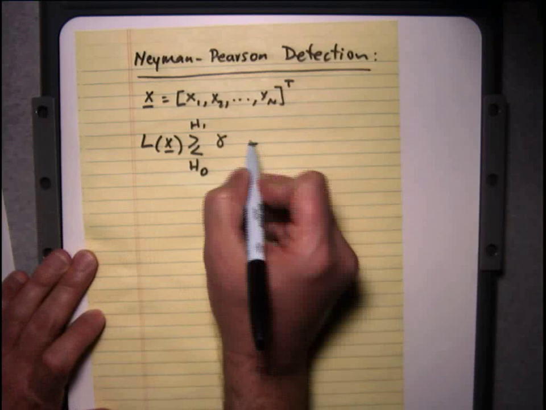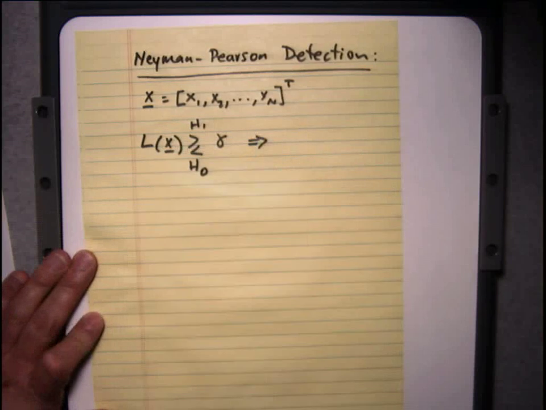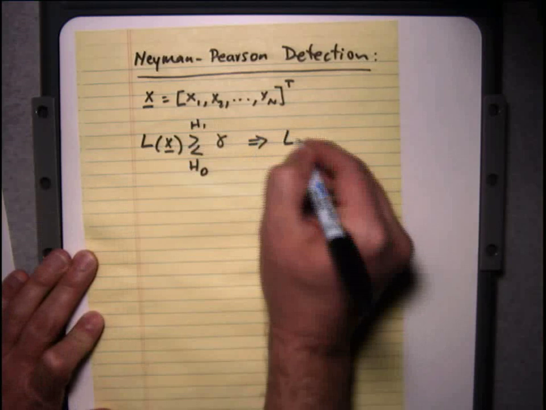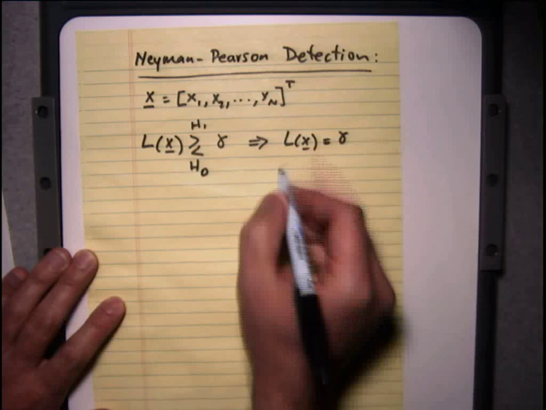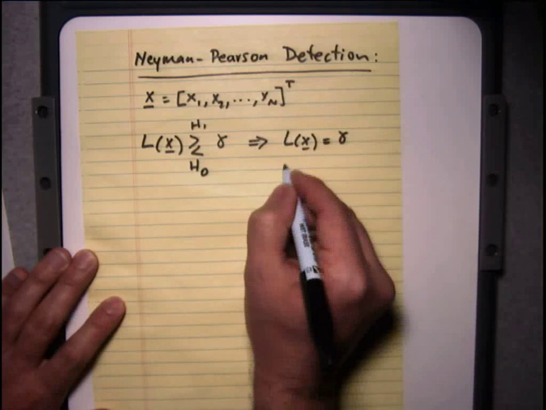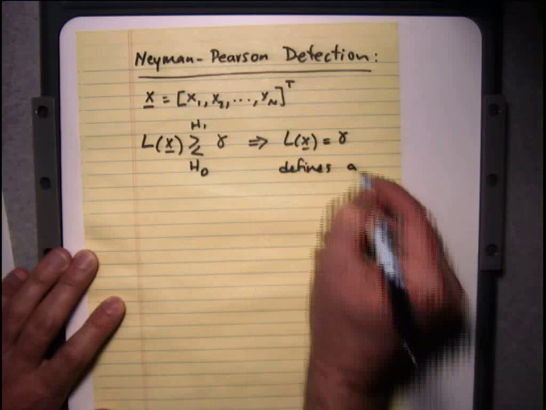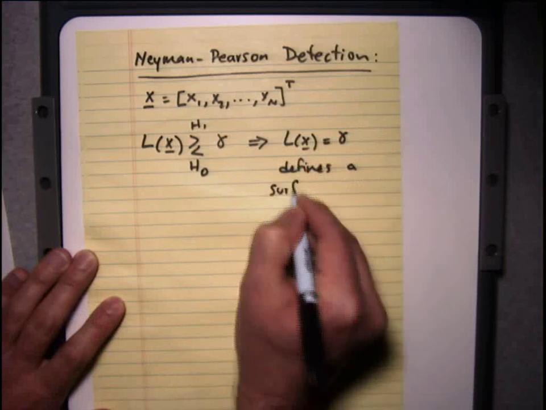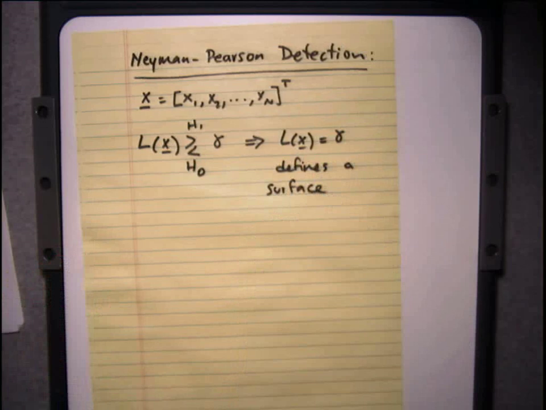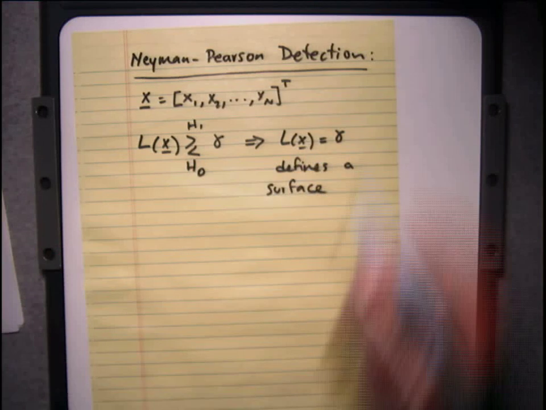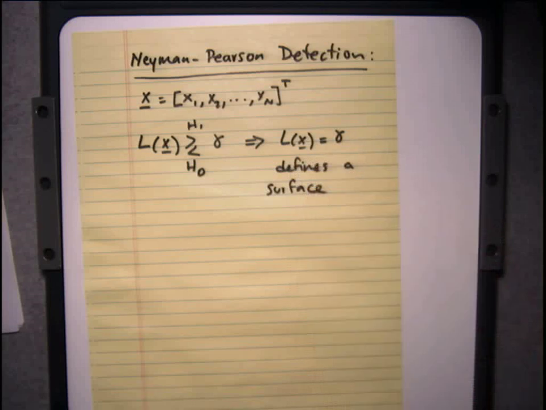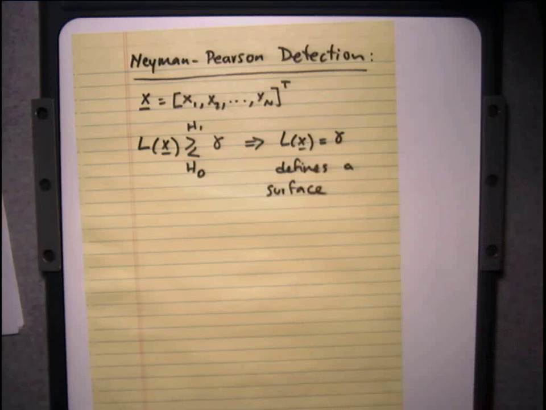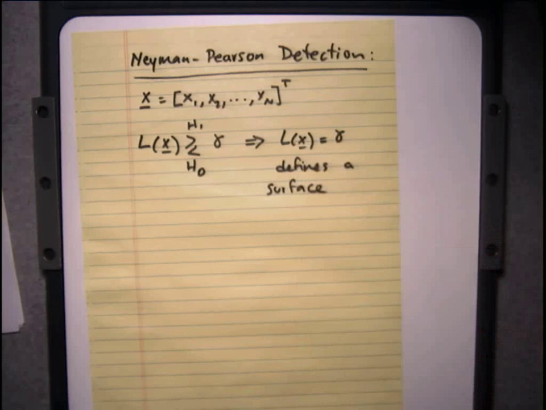Now, I also want to remind you that this expression, at the point where L of x is equal to the threshold, defines a surface in some n-dimensional space, and it splits the space into two pieces.